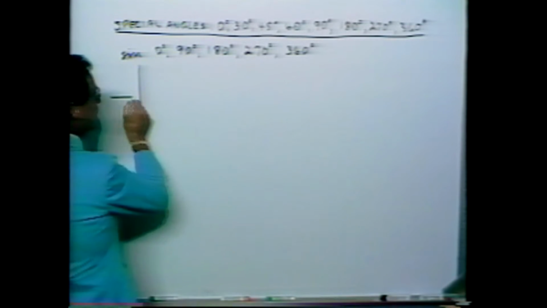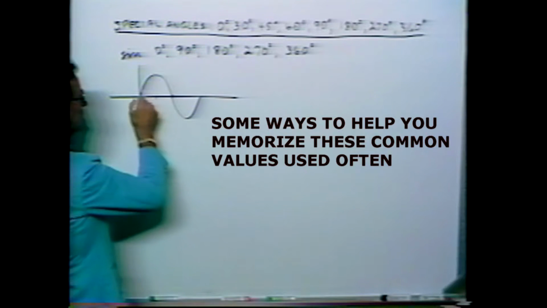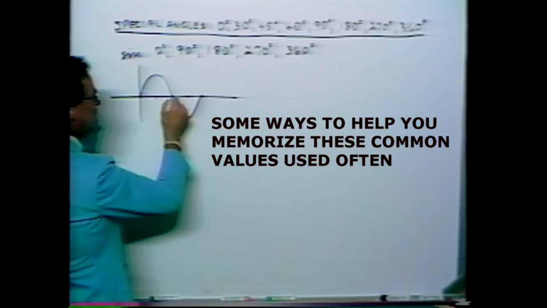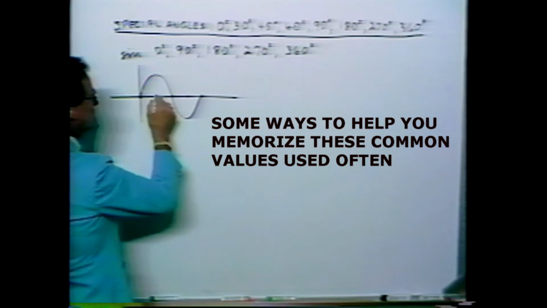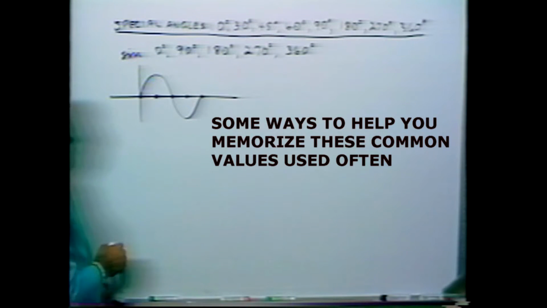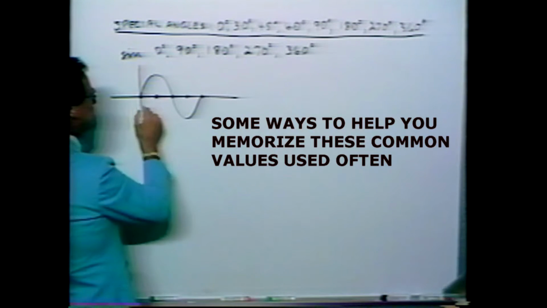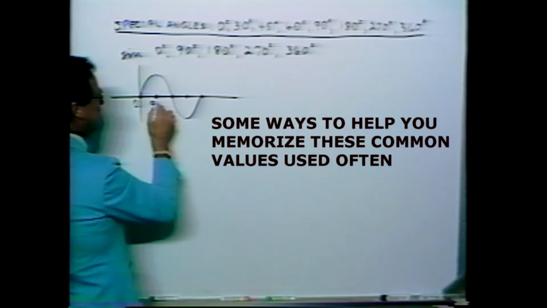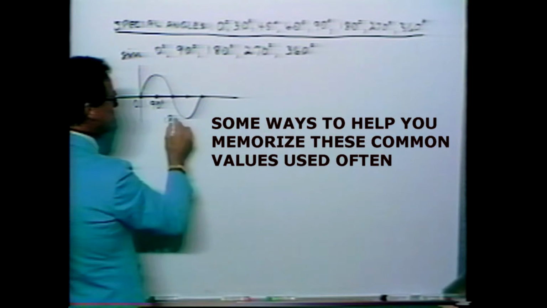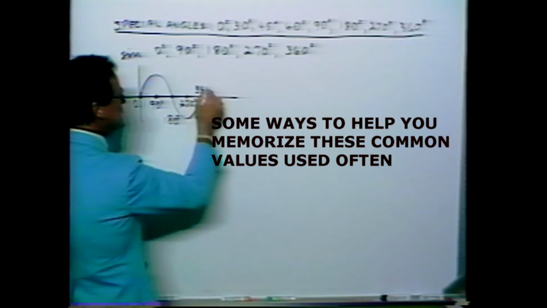Simply make a quick sketch of the sine function, noticing where the major points of the curve are, and I have shown that by placing heavy dots along the x-axis, that here you have 0, here we have 90 degrees, here we have 180 degrees, here we have 270 degrees, and here we have 360 degrees.